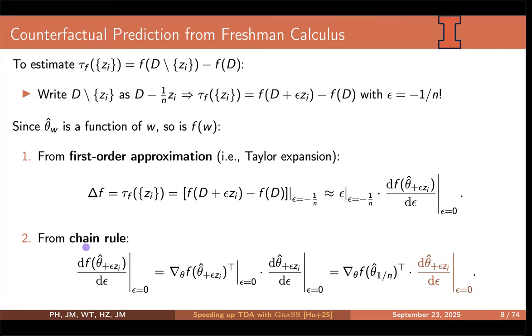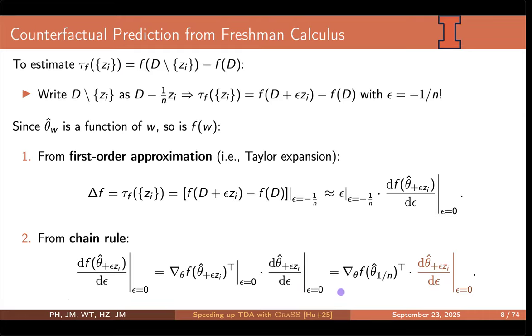If you have delta f written in this form, then the next question is how you can estimate this. If you write this down, this is given by the chain rule: the gradient of f times the infinitesimal change on this model, as a function of the perturbed weight. I'm not going to explain this in full detail, but this is just the chain rule.